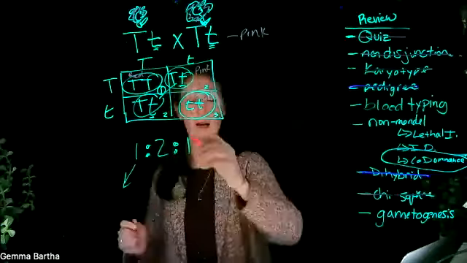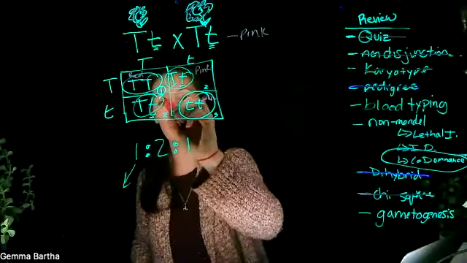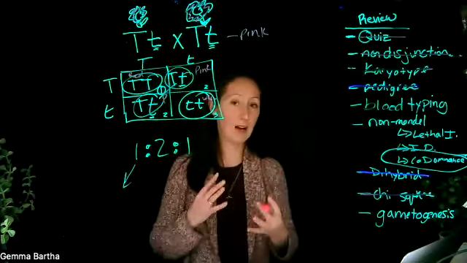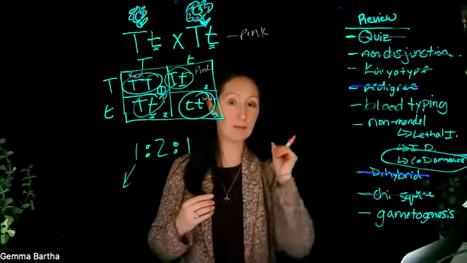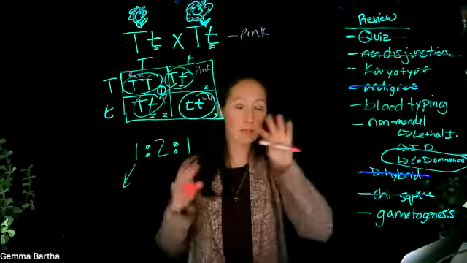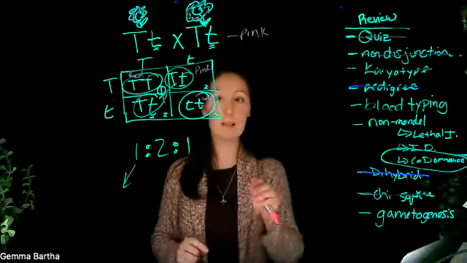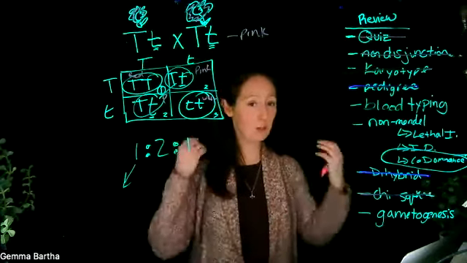This is where your genotypic frequency equals your phenotypic frequency. I don't like saying that for lethal inheritance because it's not something you can really visually see. It's more in the blood, and it makes it very confusing. So I don't like to use those lines for lethal inheritance, but for incomplete dominance, phenotypes match the genotypes.